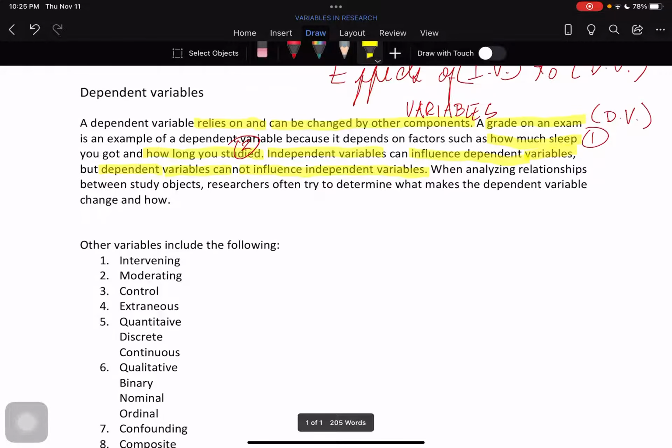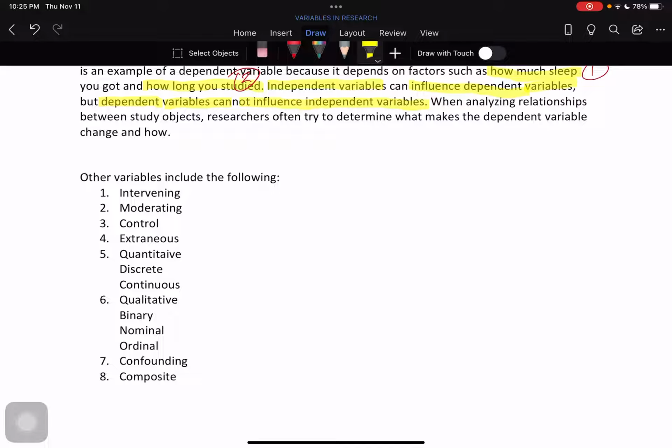Now, as I mentioned earlier, aside from the IV and DV, there are other variables that are present and used in studies. Some of them are the following. You have an intervening variable, moderating variable, control variable, extraneous, quantitative, pardon for the typographical error, and under quantitative you have discrete and continuous, and then you have qualitative.